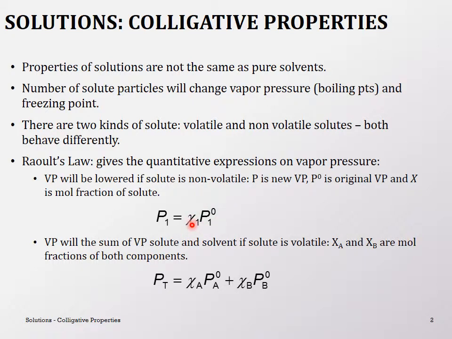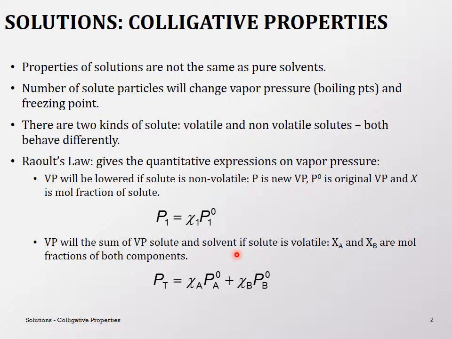If you have a volatile solute, remember, there are two kinds of solutes, volatile and non-volatile. Non-volatile is this way, but if you have a volatile solute, in that case the vapor pressure will be the addition of the vapor pressure of the solute and the solvent, because the solute is also evaporating, which means it's also exerting its own vapor pressure.